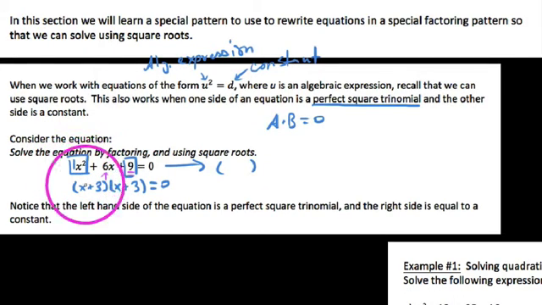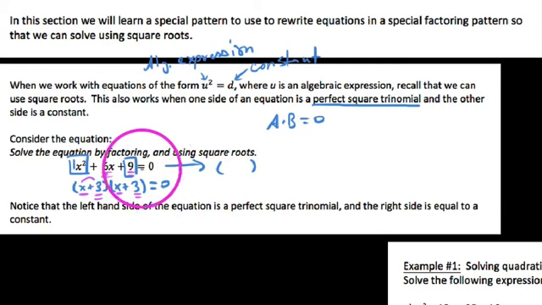The first term is a perfect square of x, so that populates the first part of our two binomials. And 9 is a perfect square of 3, so that populates the rear. And then the 6 in the middle, that middle term is always 2 times x times 3, which is 6x. Whatever this times this is in each of these binomials, if we double that, we get this middle term.